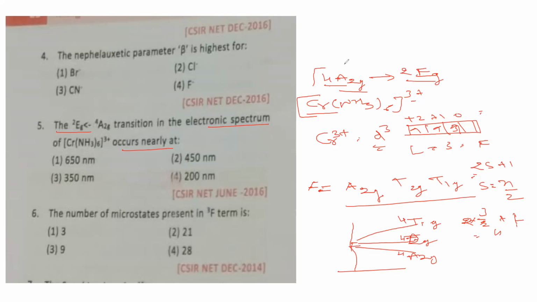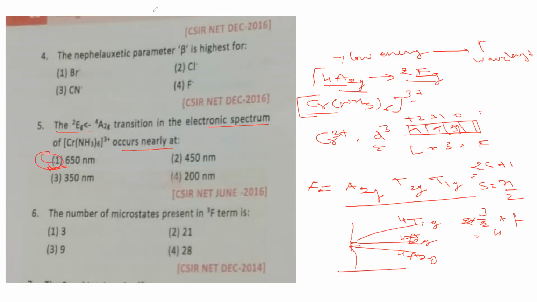It means it has very low energy. And if it has low energy, then its wavelength will be high. So we just have to find the maximum wavelength in the given options. So A is the highest lambda max. Okay, so that's why for the fifth question the answer will be 650 nanometer.